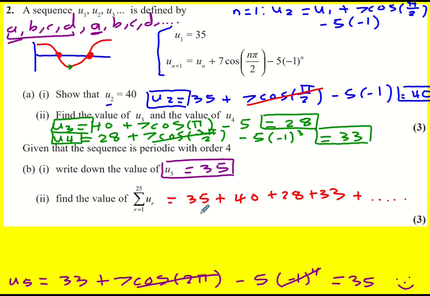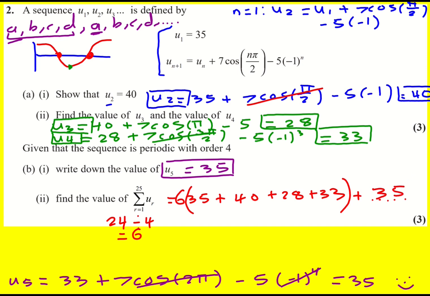There's 25 terms. 24 is divisible by 4, 6. So I'm going to have 6 lots of this, because I'm going to be adding 4 terms, the same 4 terms, 6 times. That'll take me to 24 terms. And the last one is going to be back to being the first term. So I'm going to be adding 35 on.